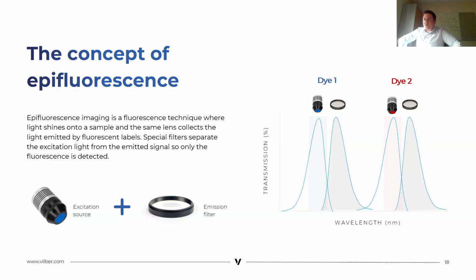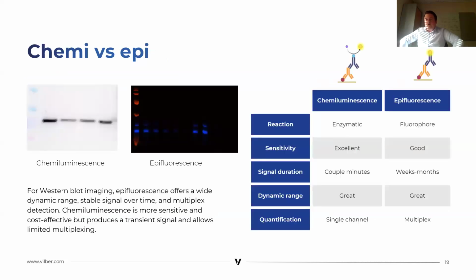Special filters separate the excitation light from the emitted fluorescence from the dye, so that only the signal from the Western blot is detected. For Western blot imaging, epifluorescence provides a wide dynamic range, a stable signal over time, and the ability to detect multiple targets at once.